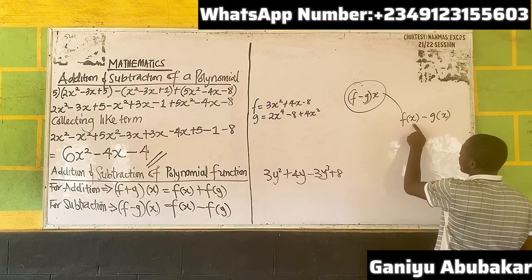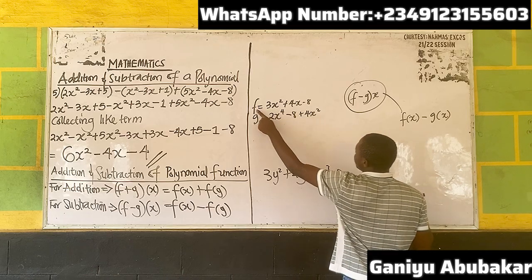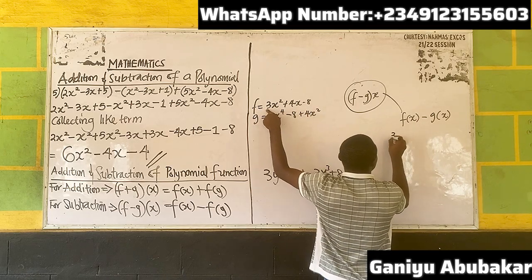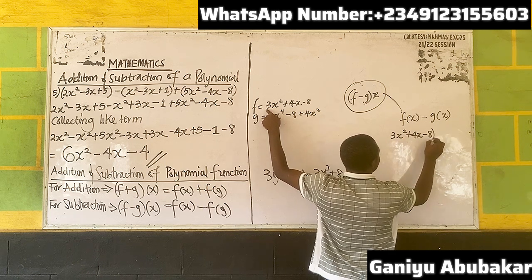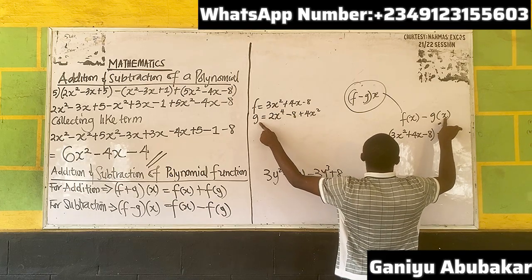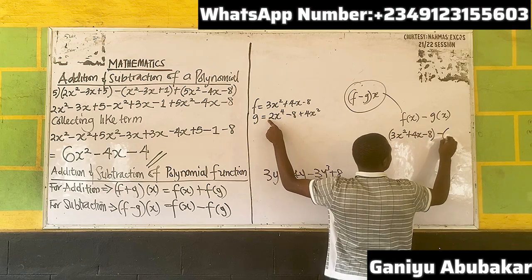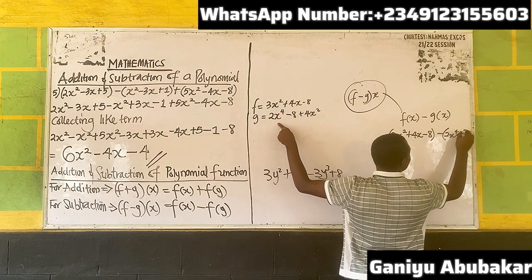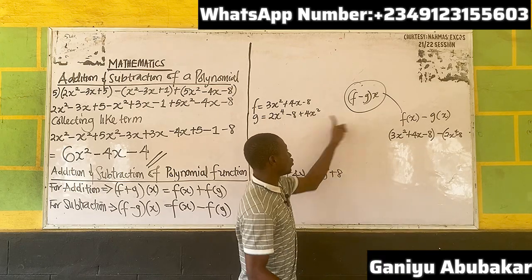F of x is this one here, and the x means everything is in x. So I'll have 3x squared plus 4x minus 8, minus g of x. G is this, and x means everything here is in x, so it's aligned. That gives you 2x to the power 4 minus 8, like that. And then from there you now subtract. This is how it works.